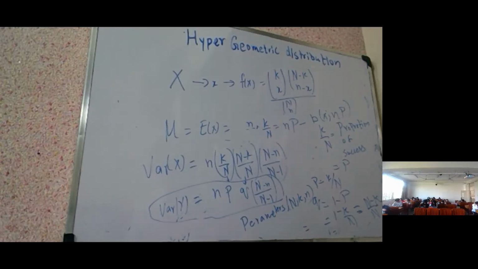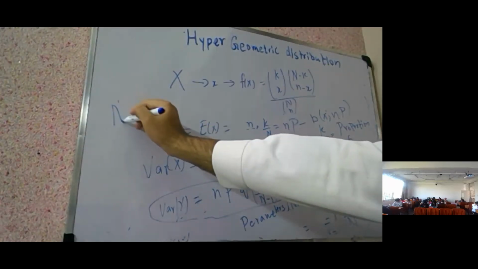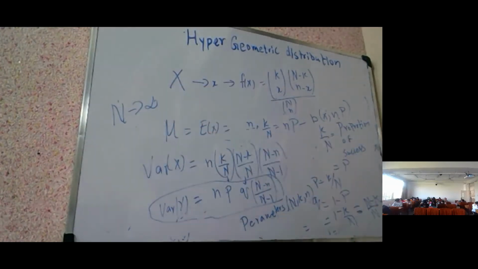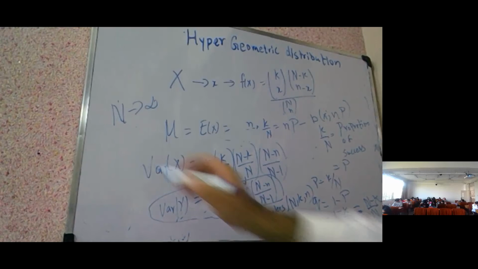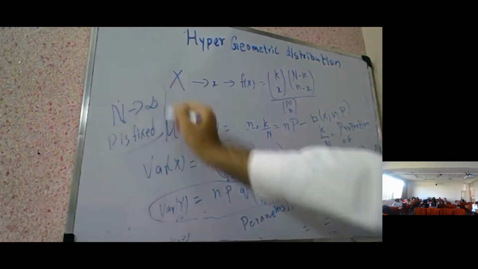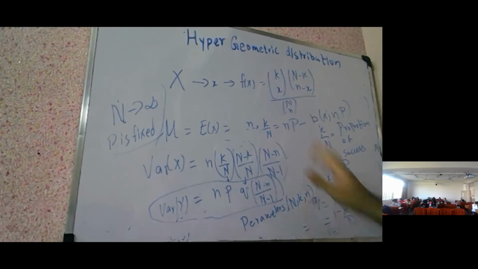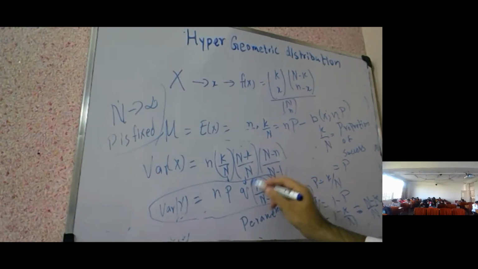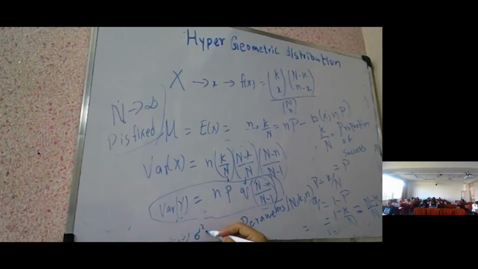Now, if N tends to infinity, and k upon N is fixed, p is fixed, then see what happens. This is np, we know that, because k upon N is fixed. But in this case, if N is infinity, this number will be really minimal. So it will convert into a binomial, which is npq, right?